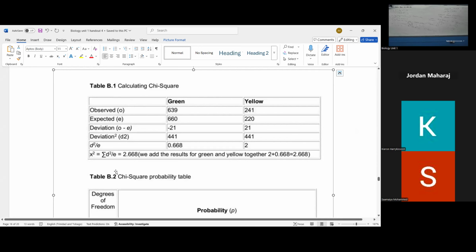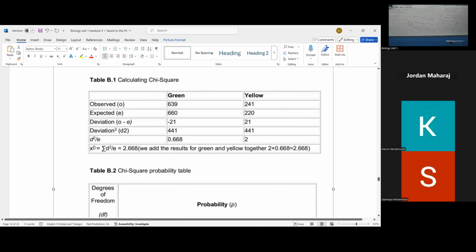What we need to do is have a formula for chi-squared. In this formula, x squared refers to chi-squared. So the formula for chi-squared is the difference between the observed value and the expected value, squared, over the expected value. Okay?